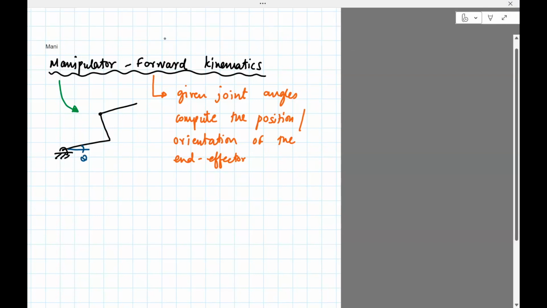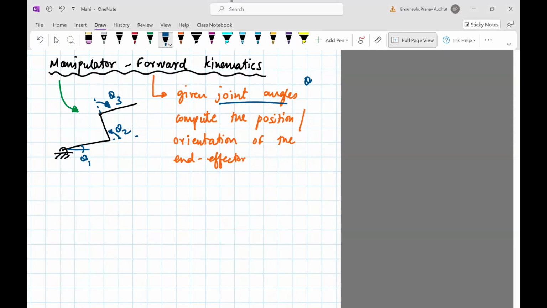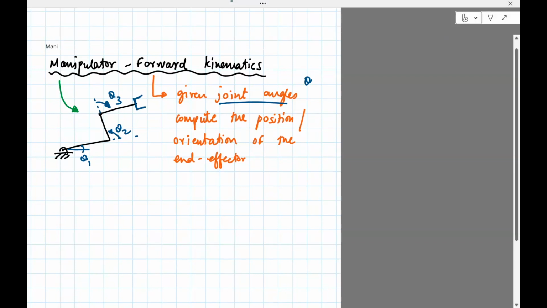There are joint angles, theta1, theta2, theta3. These are the thetas. And then eventually what you want to do with the manipulator is you want the end effector.